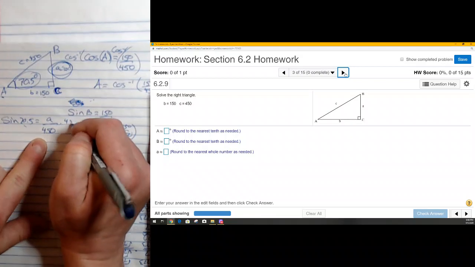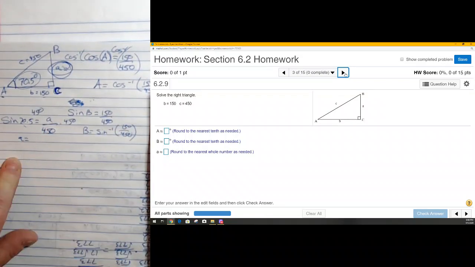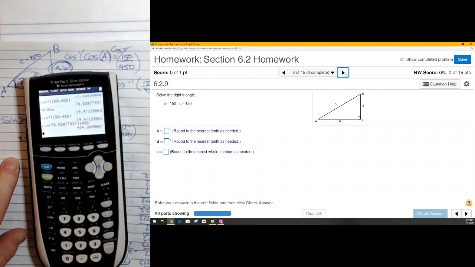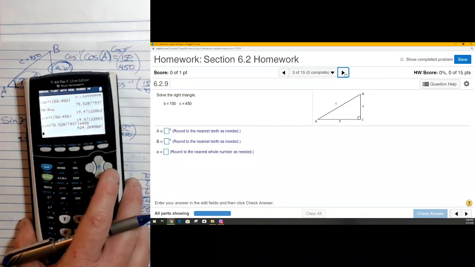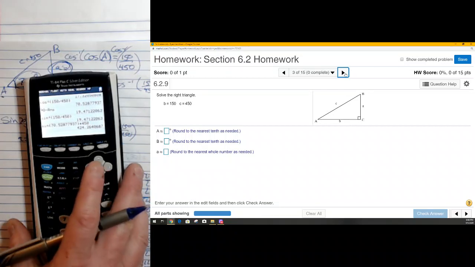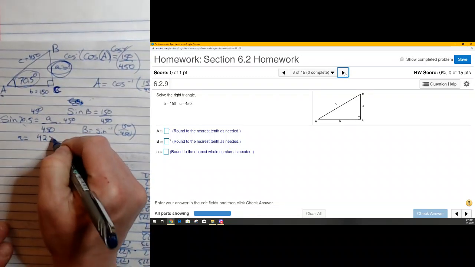Again, multiply both sides by 450 here, and we're going to get a is equal to 424.2. Now, they're going to give you some leeway here. In the problem, they're going to ask you to round to the nearest whole number. So we'll call it 424.